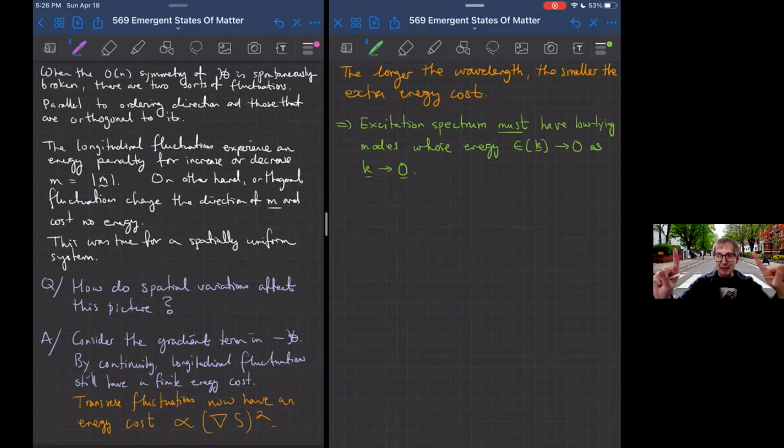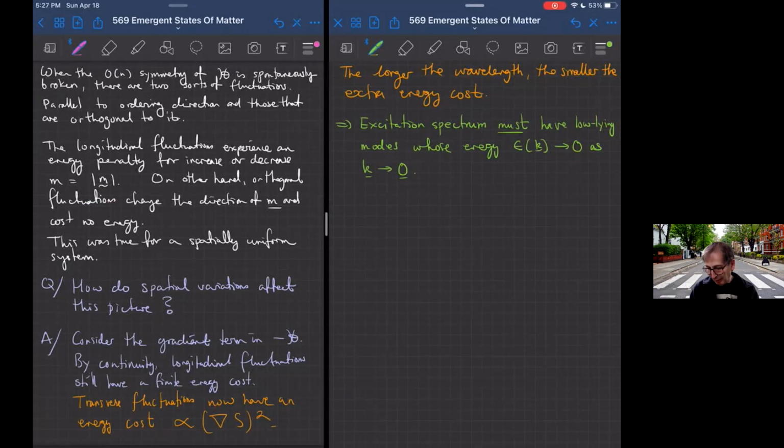Then, depending on how far apart my left and right fingers are, the gradient energy is going to go like grad s squared, which will go like k squared. And so as that wavelength gets further and further apart, the energy cost for those spatial variations gets smaller and smaller. And so we know that those modes have to go to 0 as k goes to 0.